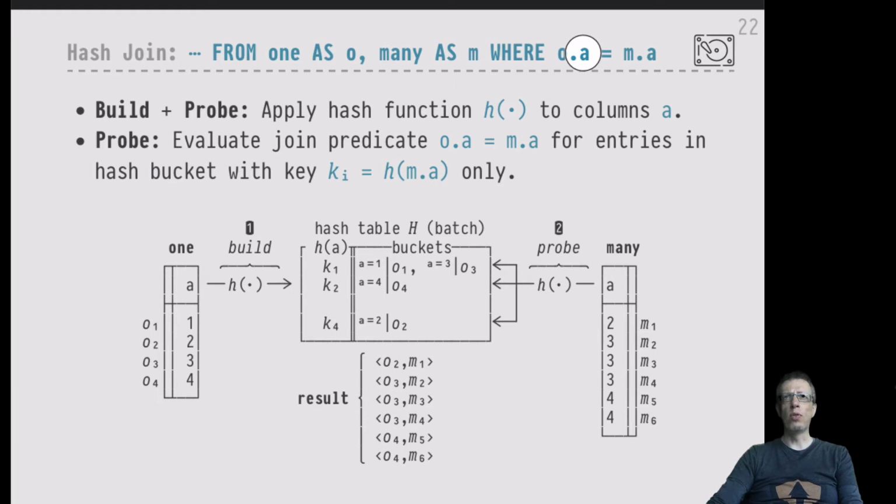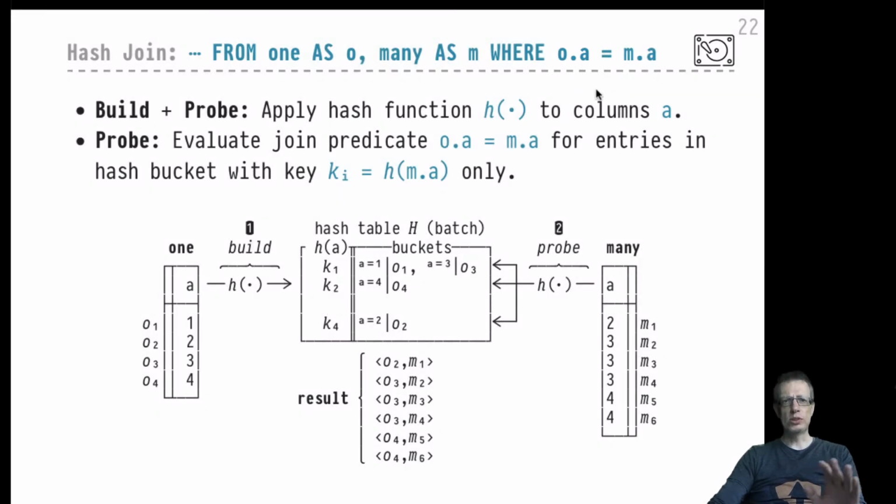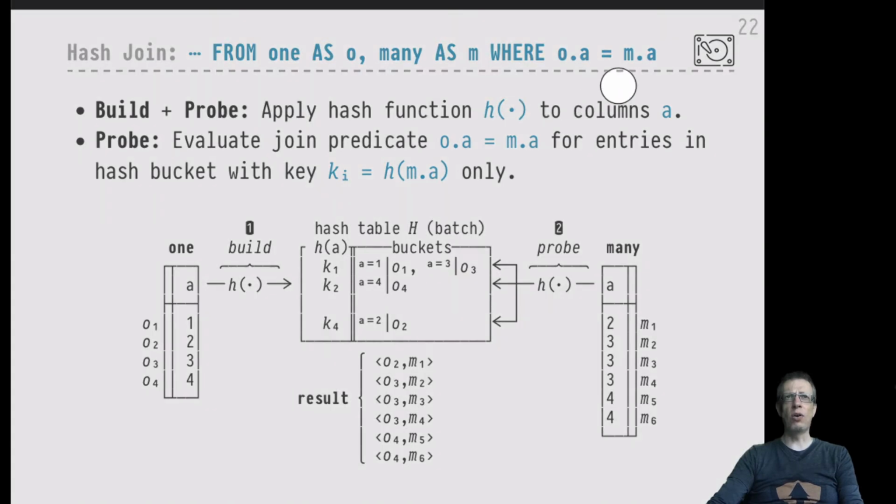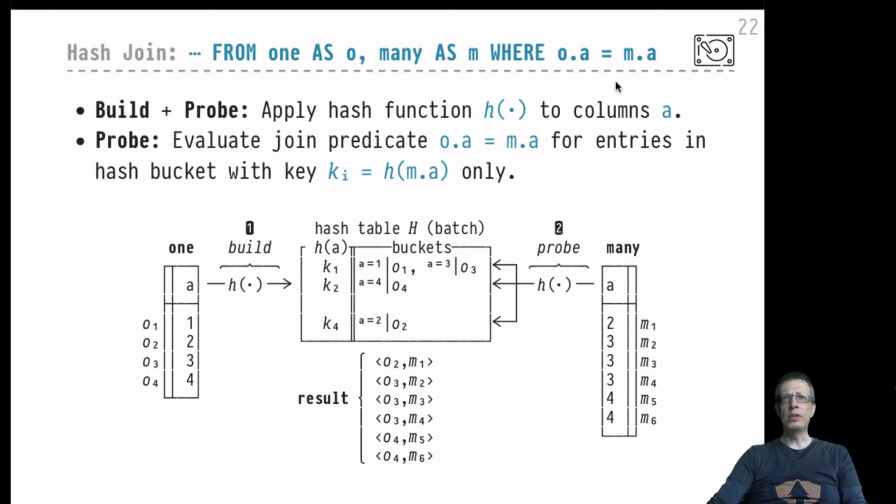So for the build table, we will use the A values here to construct the hash table and place rows in particular buckets. In the probe phase, we will use the hash function on the other side of the join partner here. The A column of the probe table will be fed into the h function, into the hash function, to quickly identify the hash bucket in which we can find potential join partners.